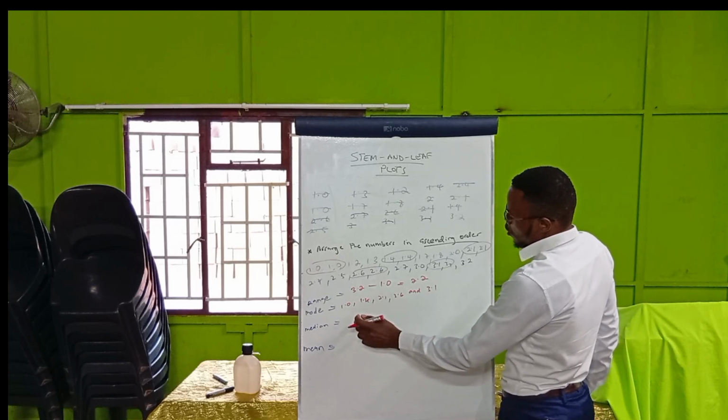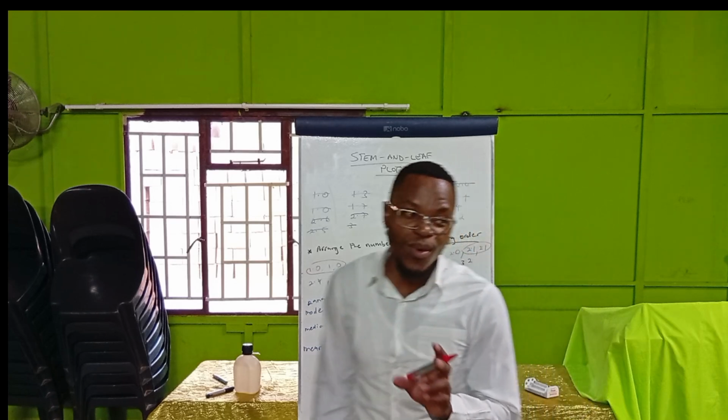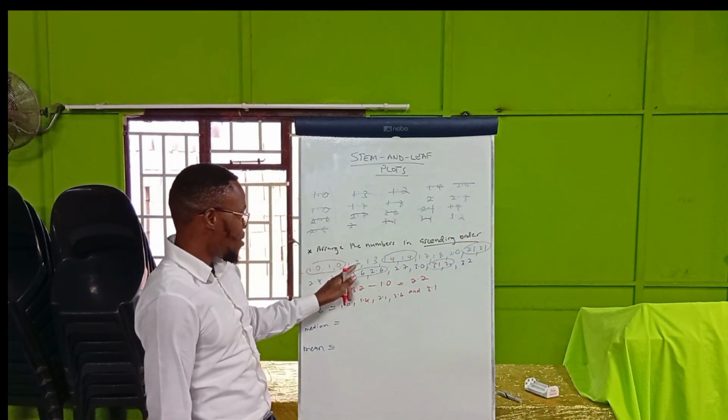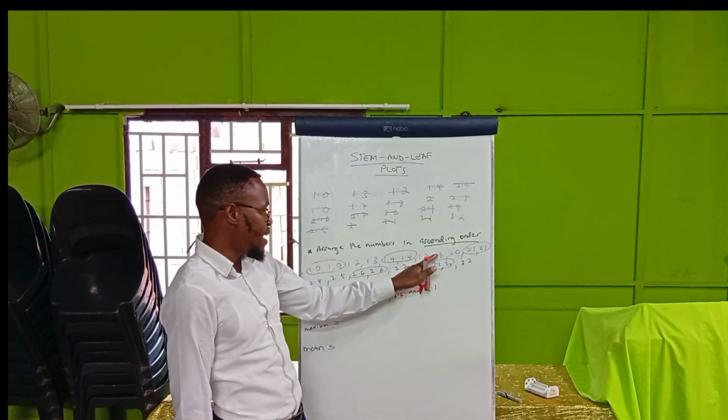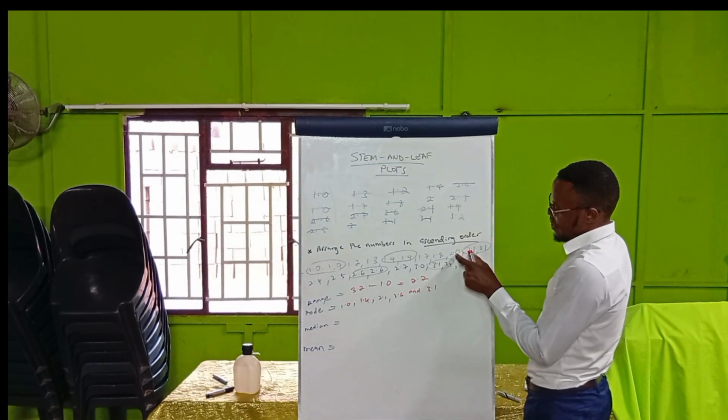Even number. So because 20 is an even number, the middle numbers are number 10 and number 11. Let's see, 1, 2, 3, 4, 5, 6, 7, 8, 9, 10, and 11.